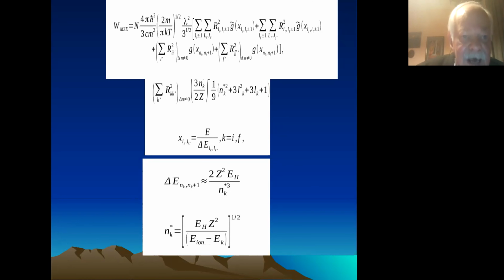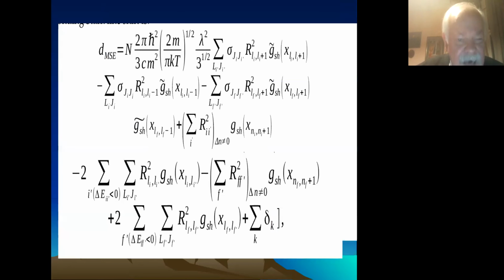And also we introduced a different Gaunt factor using experimental data for cross sections, not only for singly charged ions but for doubly and triply charged ions, so that this formula can be used also for doubly, triply, and even extended to 4 times and 5 times charged ions, where the semi-empirical formula of Griem is not applicable.